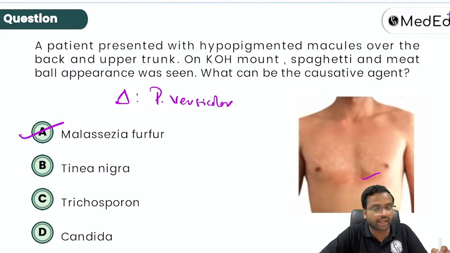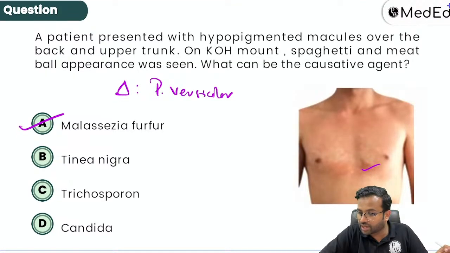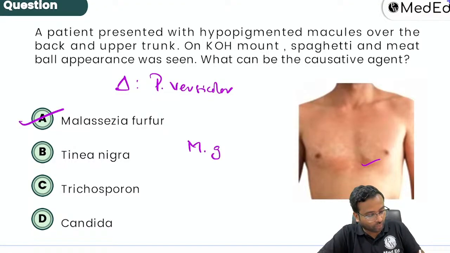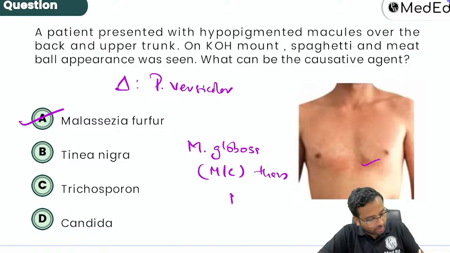So here, the right answer should be malassezia furfur. And Saishri is adding a very important thing, that malassezia globosa is more common than malassezia furfur. I agree with you. Thank you. So malassezia globosa is more common than malassezia furfur.